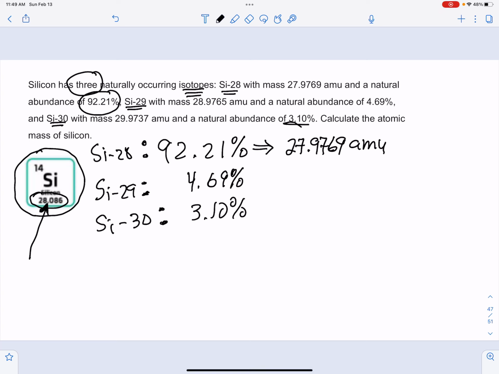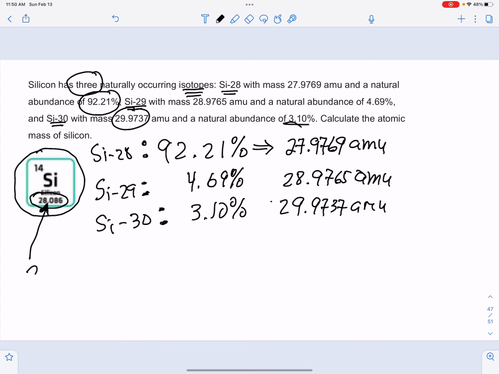The silicon 29 came out to be 28.9765 atomic mass units. And the silicon 30 came up to be 29.9737 atomic mass units, right?